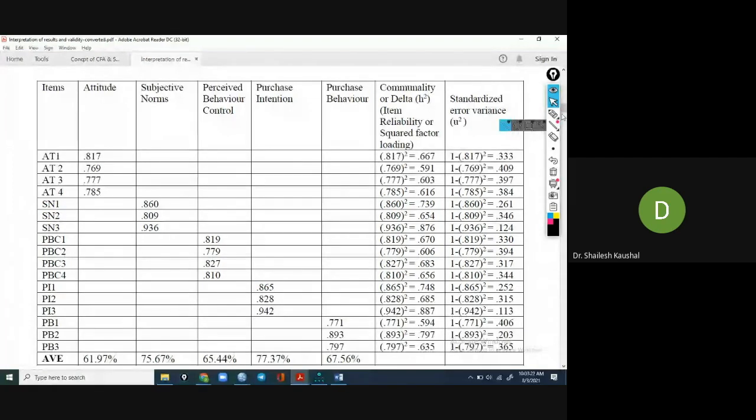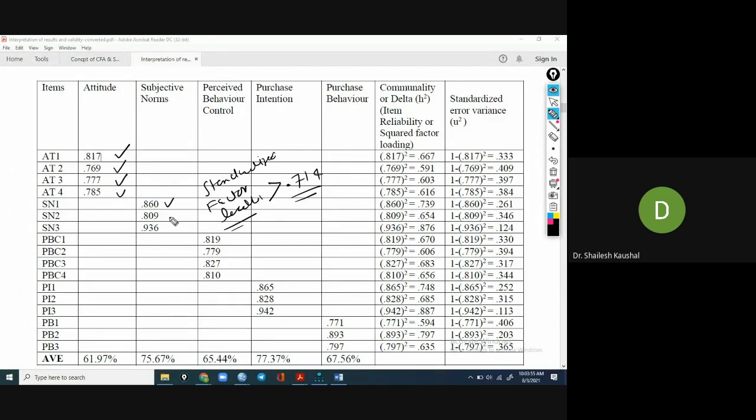Theoretically, all the standardized factor loading values should be greater than 0.714. Here each one is greater than 0.714.